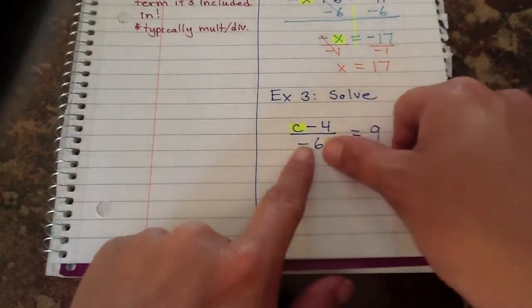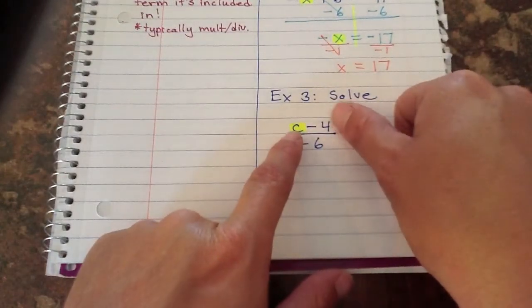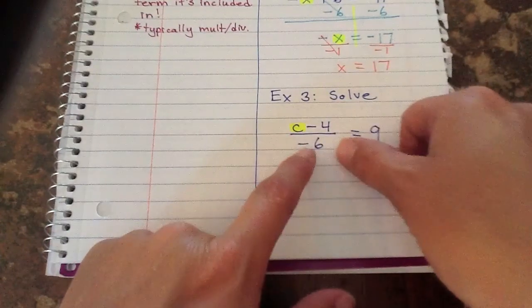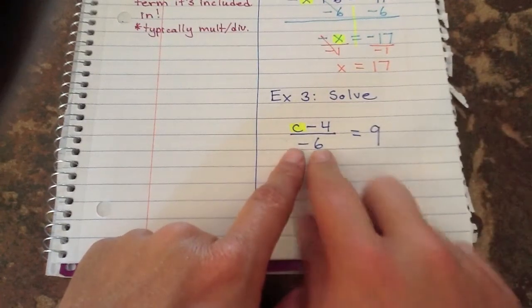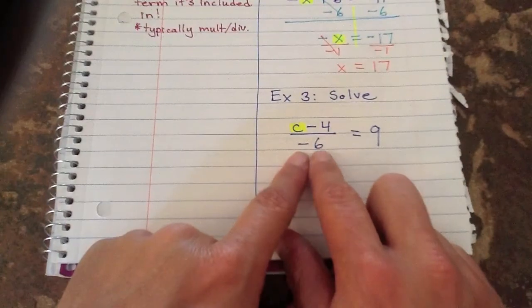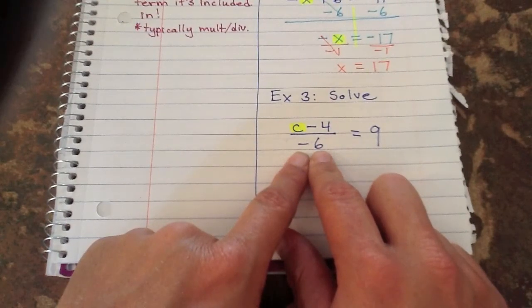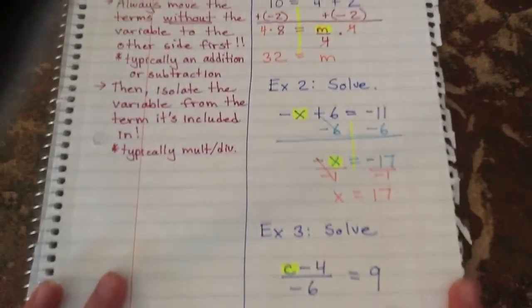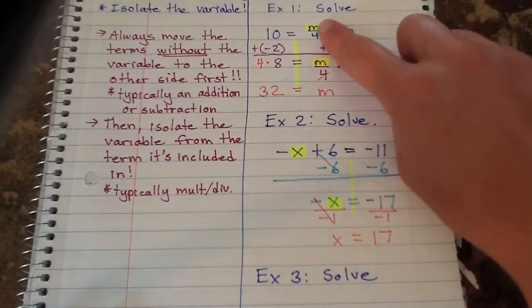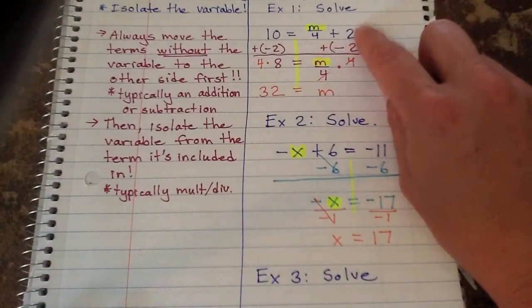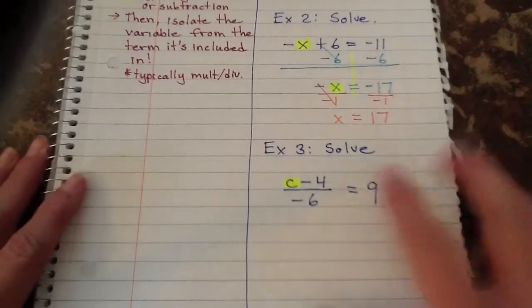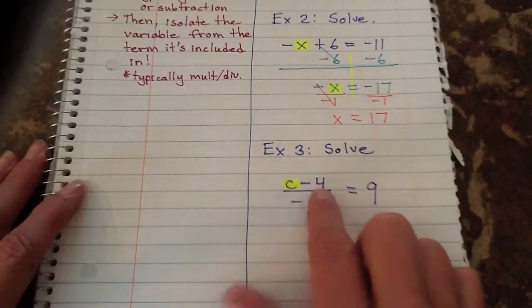And the reason you can do that is because each term is being divided by negative 6. Notice the difference. When I look up here, only the m was being divided by 4, the 2 wasn't. Here, they're both being divided by the negative 6.